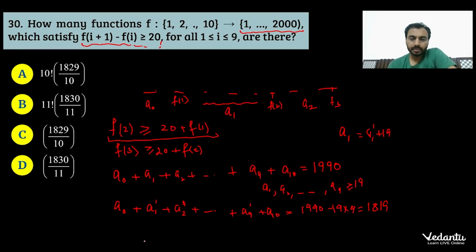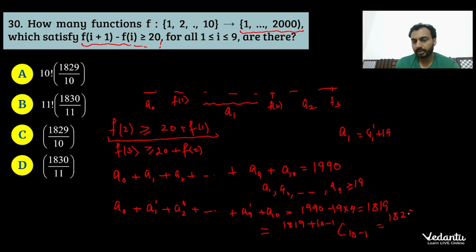Now we can apply the beggar coin method here. We have 10 beggars, sorry, 11 beggars, and we have 1819 coins. So the number of ways to distribute this is 1819 plus 11 minus 1 C 11 minus 1.